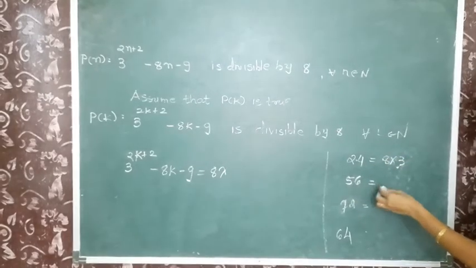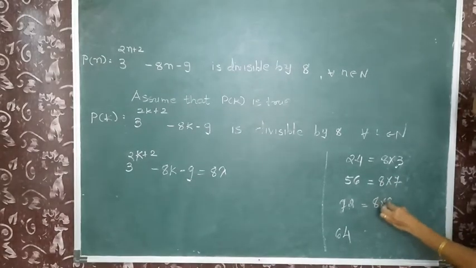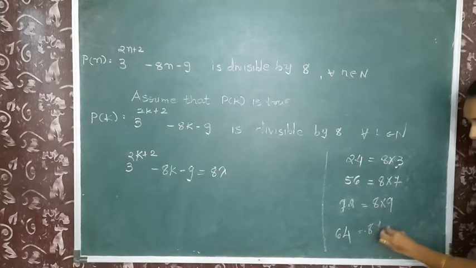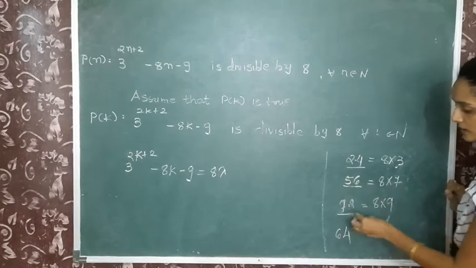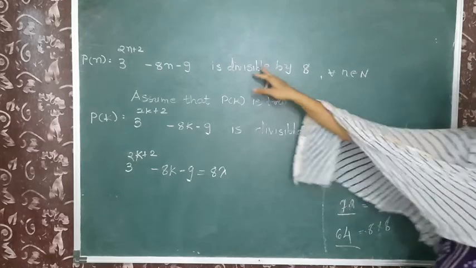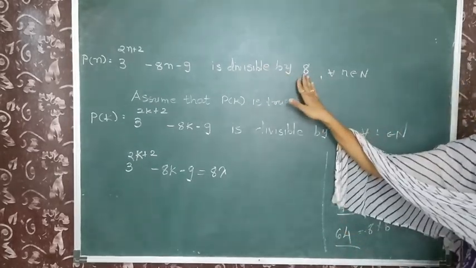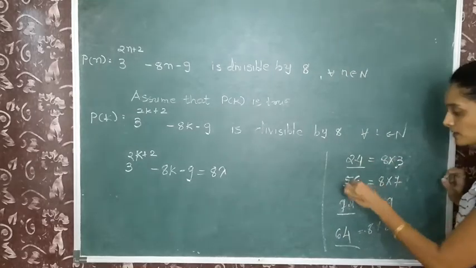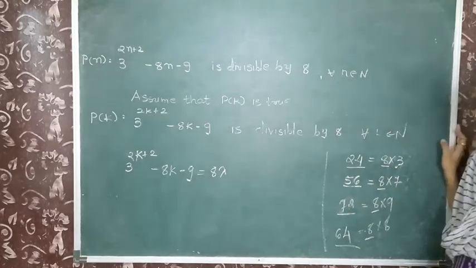For 56 we can write 8 sevens are. For 72, 8 nines are. And for 64, 8 eights are. So we can say that all the numbers 24, 56, 72 and 64 are divisible by 8. Why? All these numbers have 8 as one factor.